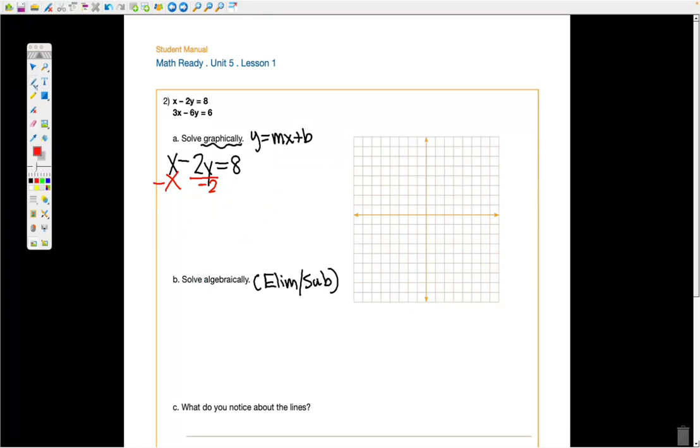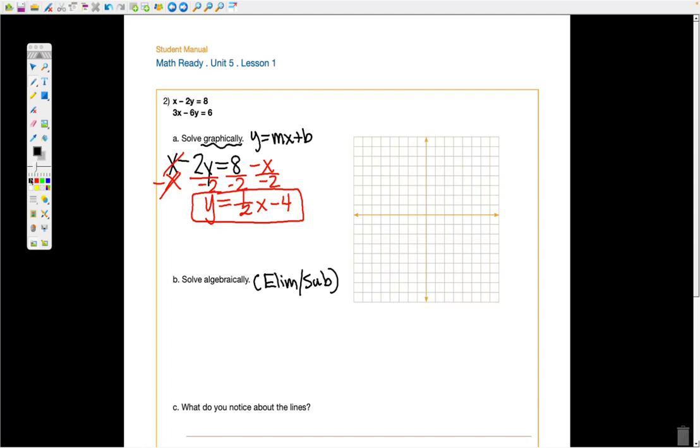So I'm subtracting my x, and now divide by -2. So my y will equal, I want to put the x first. How am I going to write -x over -2? 1/2 x, thank you. -4, thank you. This is my new slope-intercept form.